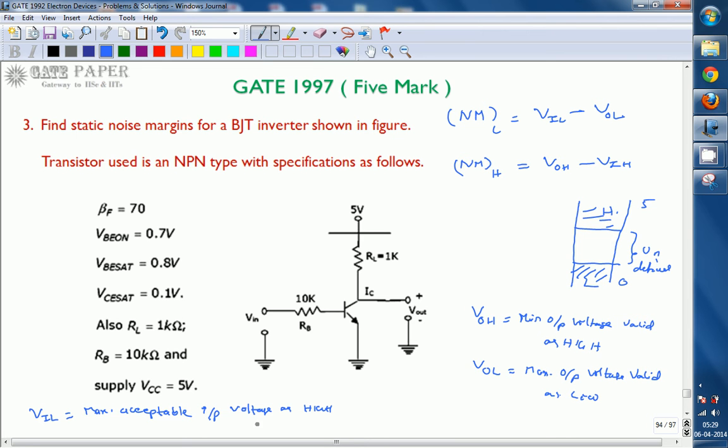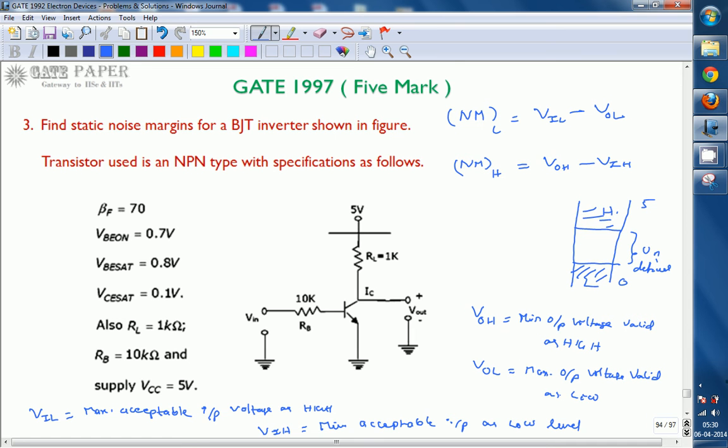At the same time VIH is the minimum acceptable input voltage as high level. So these are: VOH, minimum output voltage valid as high level; VOL, maximum output voltage valid as low level; VIL, maximum acceptable input voltage as low level; VIH, minimum acceptable input as high level.